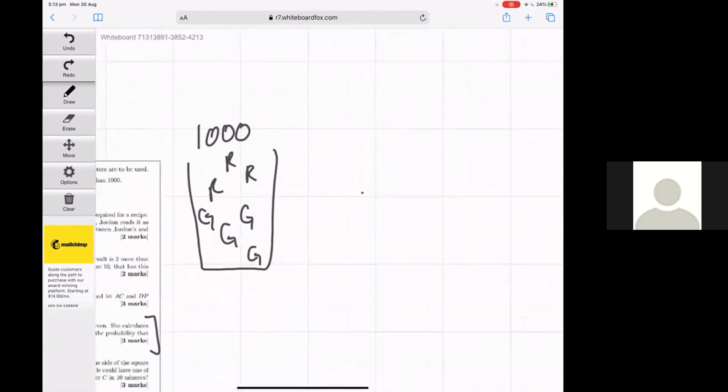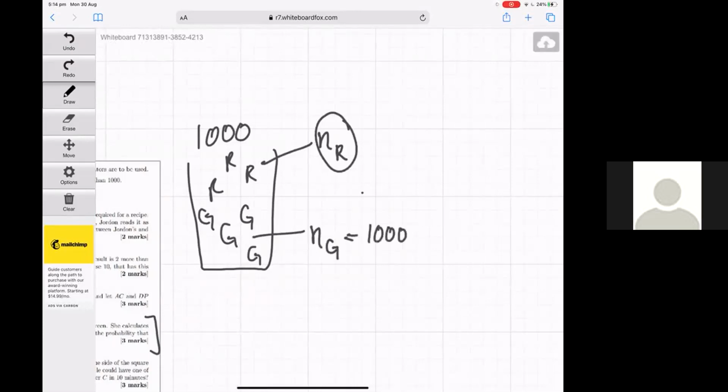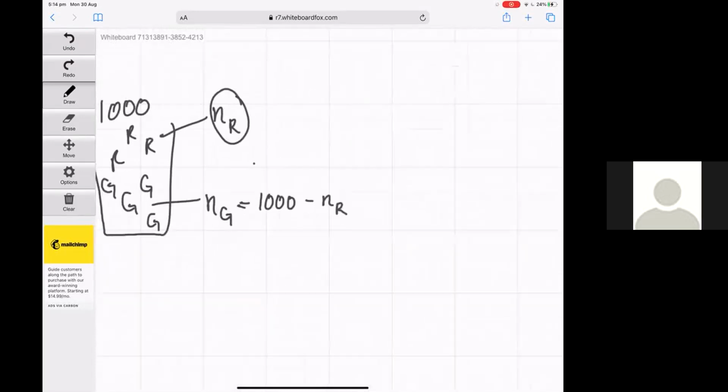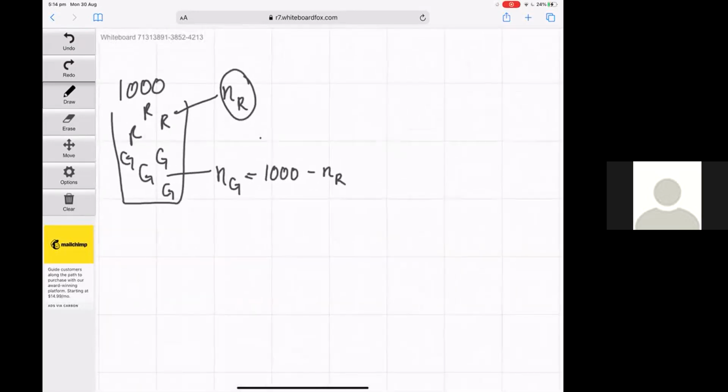So what we want to do is express both those probabilities in terms of what's in the bucket. So if we call the number of red marbles n subscript r, because that's what we're looking for, and the number of green n subscript g, which is also equal to 1,000 minus the red ones, then we can start to get expressions for each of those probabilities.